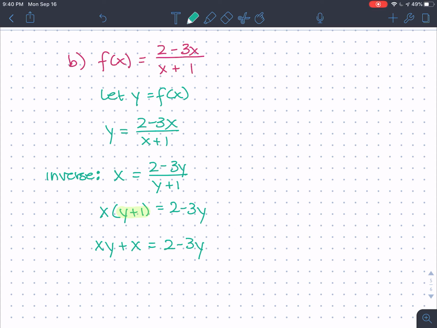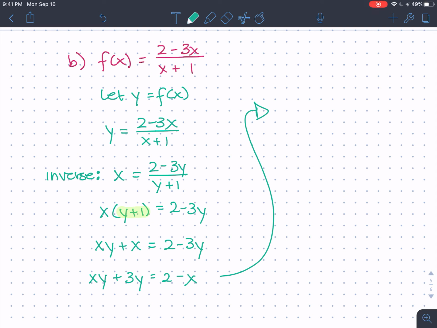Now I'm going to get the y's on one side and everything without the y on the other. So I have xy over here, and I'm going to add 3y to put it on the left side of the equals. And then I'm going to subtract the x to put it on the right side. So now I've got everything with the y on one side, everything without the y on the other side.